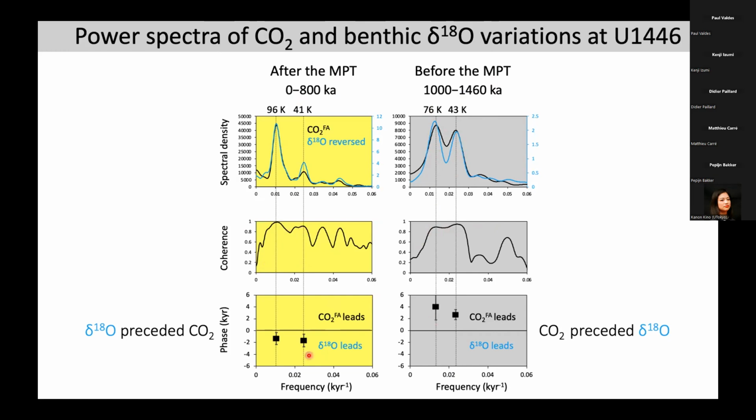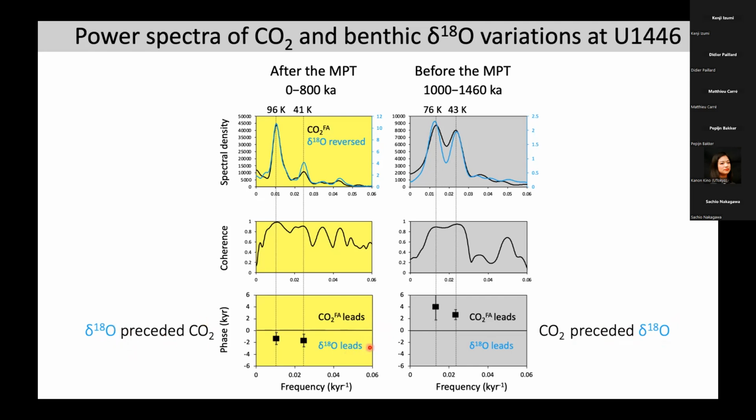And the phase analysis indicates that there was a phase shift across the MPT. So before the MPT, CO2 variation preceded the variation of the oxygen isotopes. But after the MPT, the relationship was opposite.